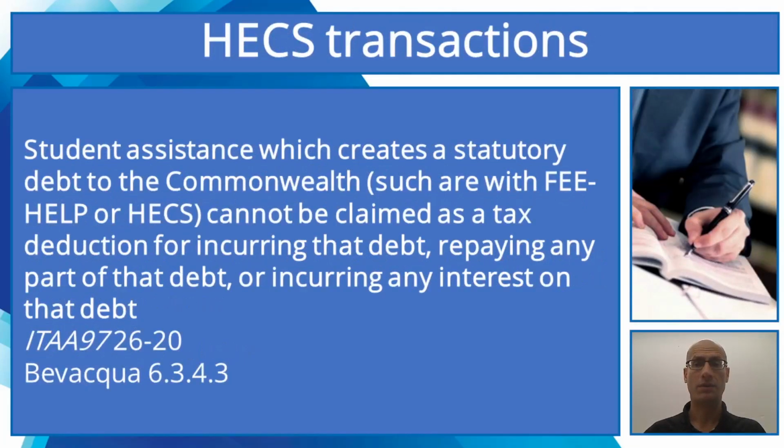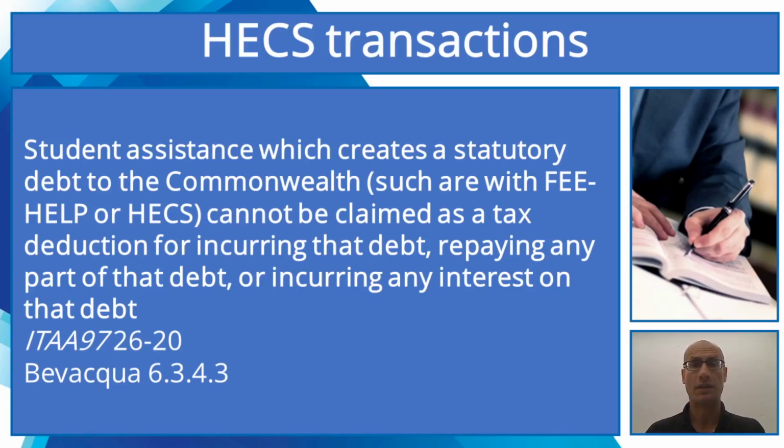Here are some rules that if you're a student, you probably don't want to hear. And the reason for that is that everything to do with your student loans, your FEE-HELP or HECS, is not a tax deduction.